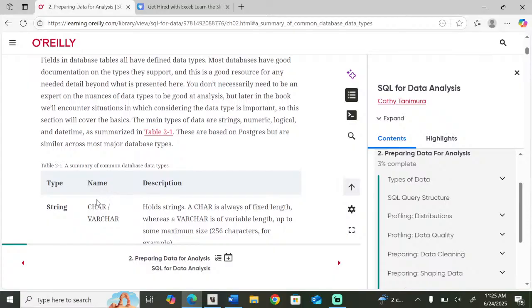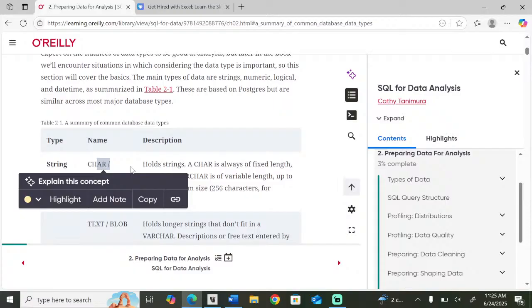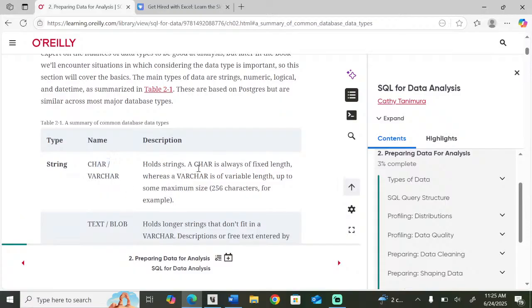We have the string data type. In the string data type, we have either char or varchar. A char is always a fixed length, whereas a varchar is a variable length up to a maximum. Let me explain a little bit what char and varchar mean.